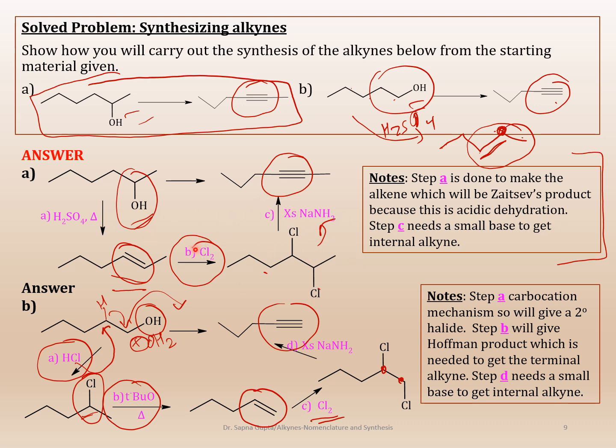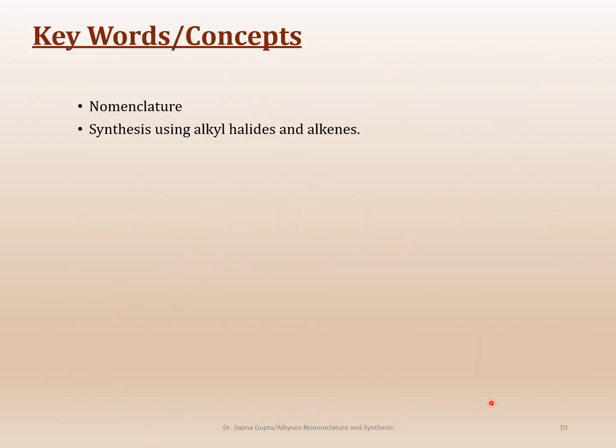But the thing about synthesis is that you have to know all the reaction mechanisms that we've been talking about. When I was talking about these syntheses, I was mentioning E1, E2, SN1, SN2. So you have to know your mechanisms, and you have to know your reagents also, like Cl2 and then amide. You have to know your reagents as well to be comfortable doing all these syntheses. Okay, that's it in this one.